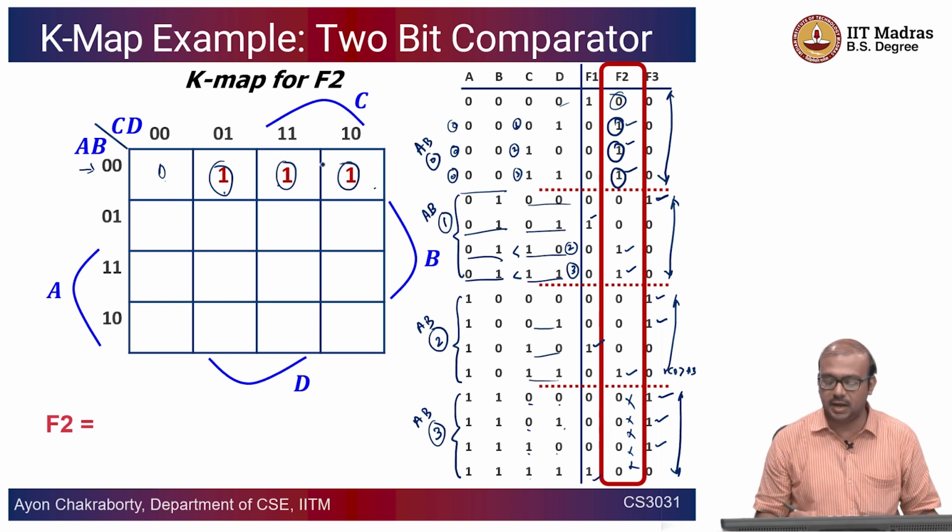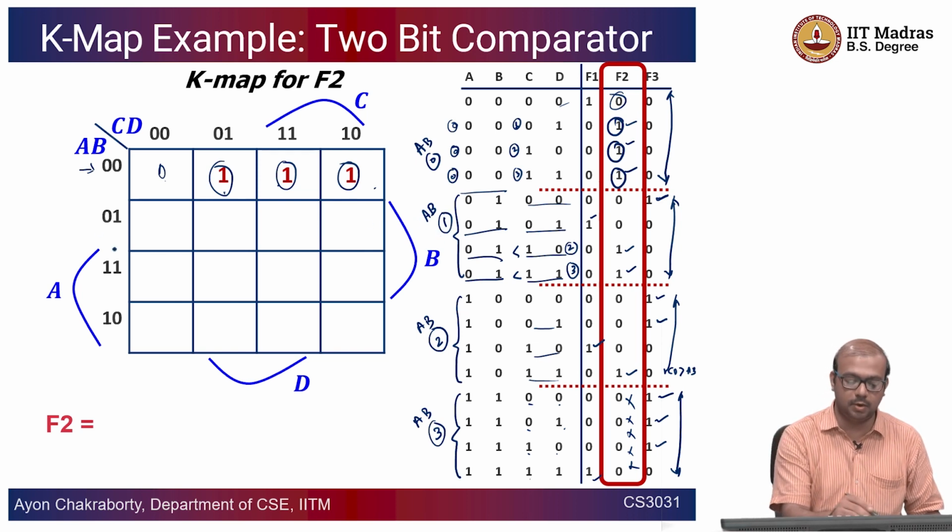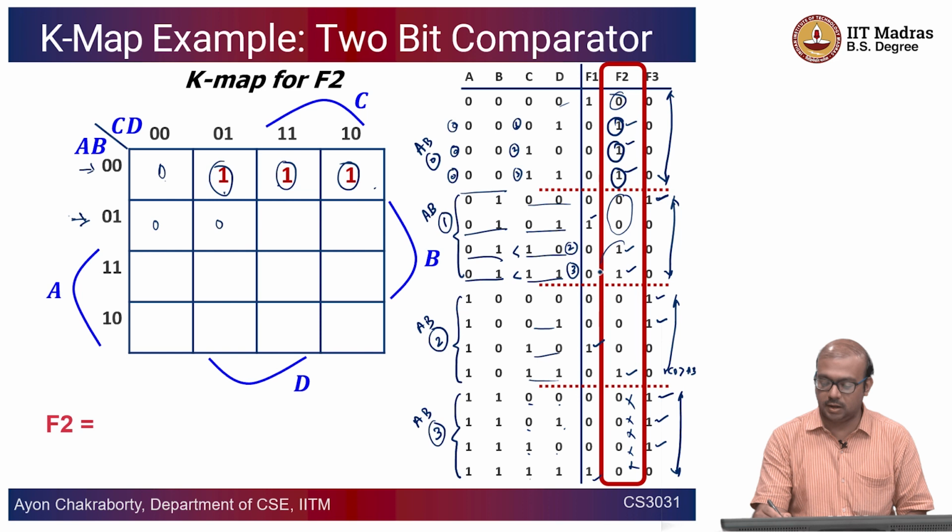Let us look at the next row. The next row is AB is equal to 0 1, which is A equal to 0, B equal to 1. Here we have the first two, CD 0 0 and CD 0 1. So, this will be 0, this will be 0, and these two are ones.